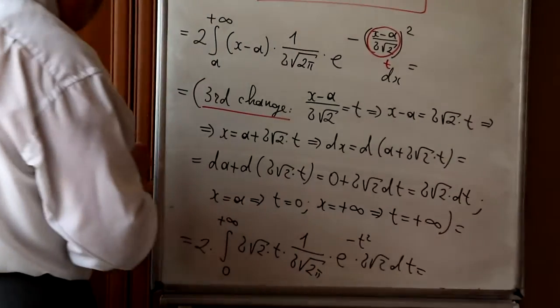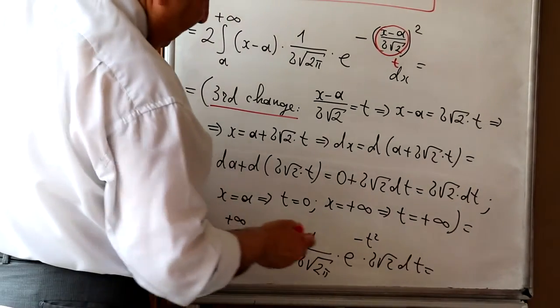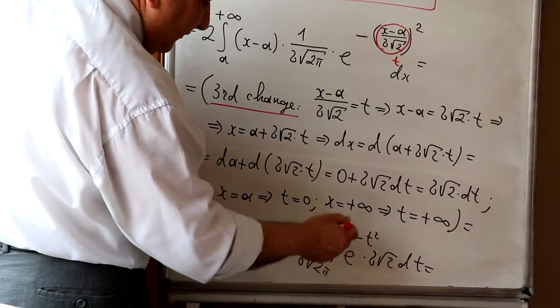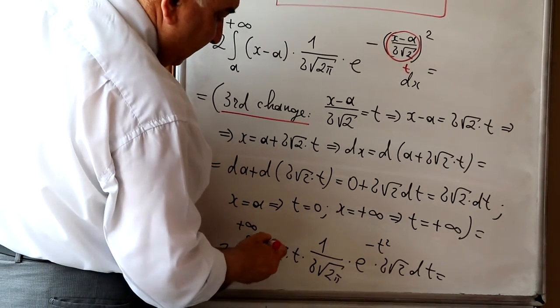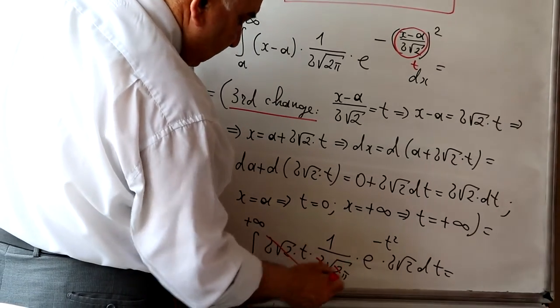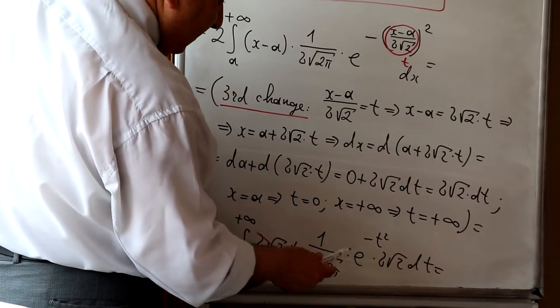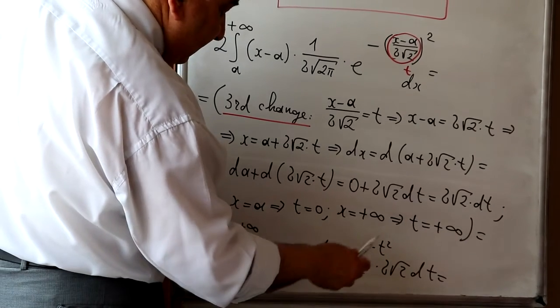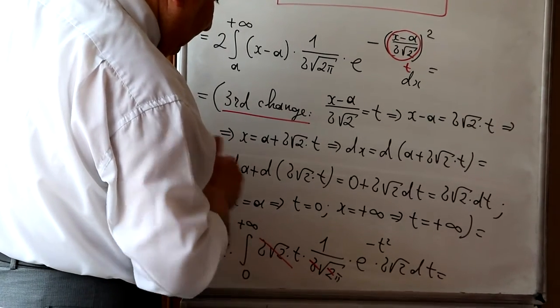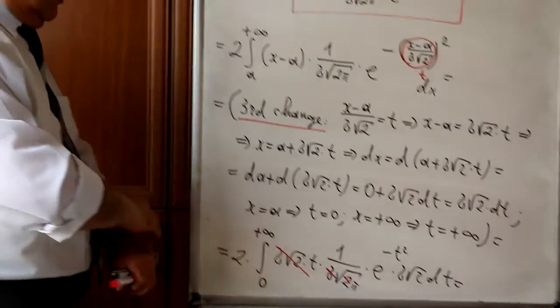Then here we can simplify the coefficient of integrand by sigma square root of 2. Then we will have the following values. Then continue.